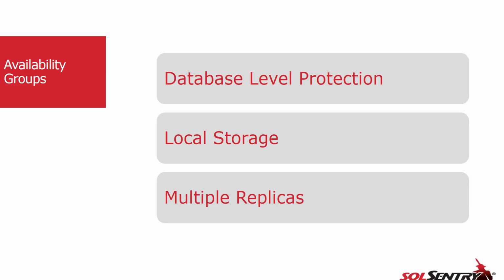Depending on which version you're using, the maximum number of secondary replicas will vary, but essentially it's database level scope. Whilst you can put a number of databases together into an availability group, essentially the unit is the database, and you just move a whole pile of them in that group together to one of the other replicas.